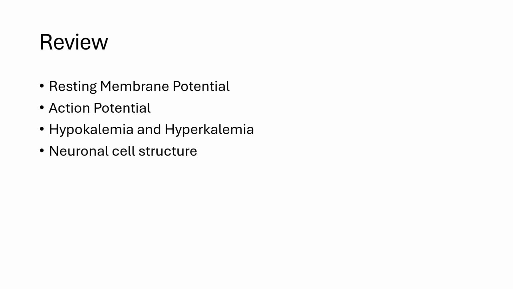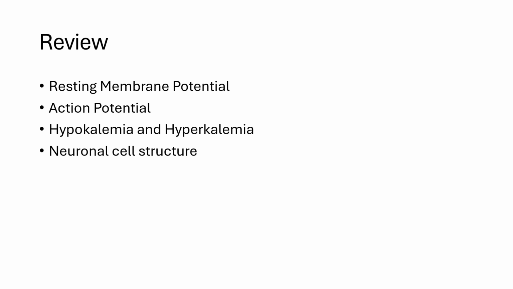Before we get into this, just want to make sure that you review the resting membrane potential and watch the video there if it's helpful to you. The action potential, watch that video again if it is helpful to you. Make sure that in your PowerPoint deck and in the textbook, you carefully read the section on hypokalemia and hyperkalemia. That's what happens if you have too little or too much potassium.